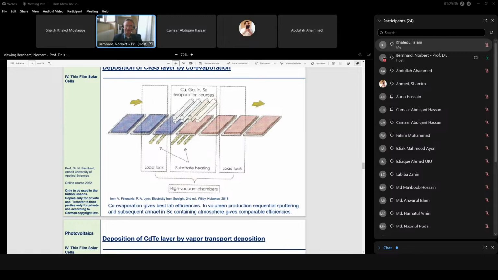That means, of course, during evaporation the pressure is a little bit higher just due to the evaporation sources. But before you start the evaporation process, you need a high vacuum, say at least 10 to the -6 millibars. Oh, I understand. Thanks a lot. Yes, you're welcome.